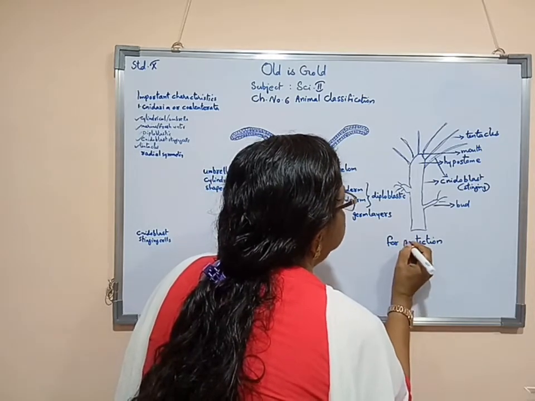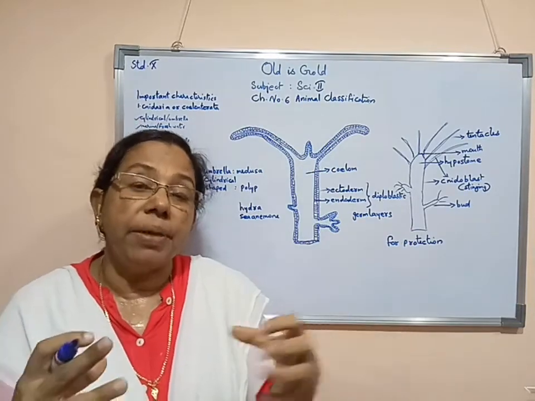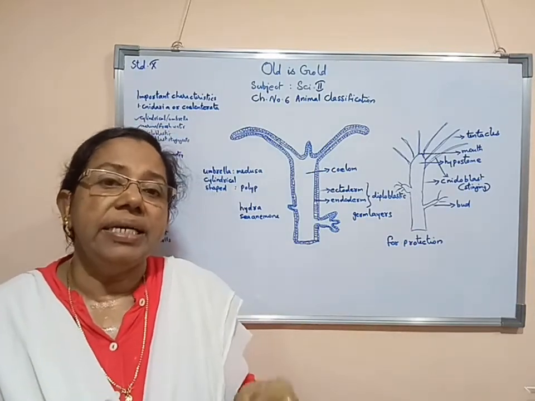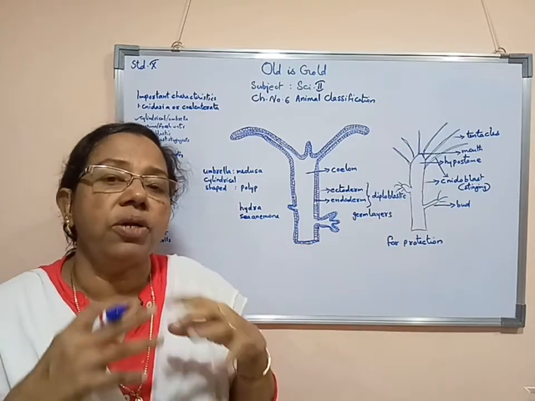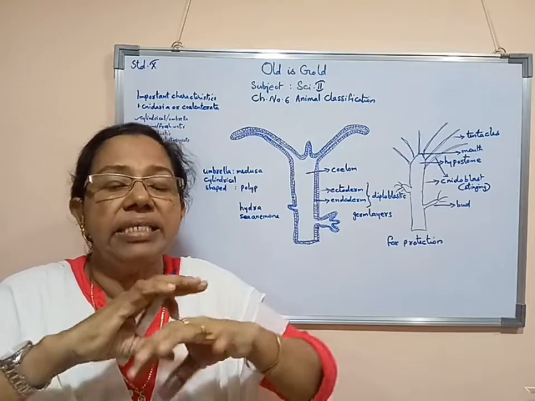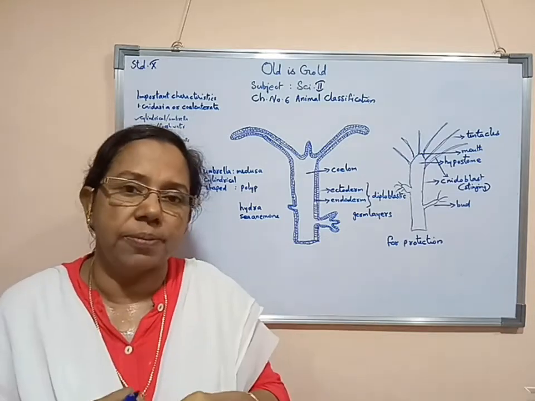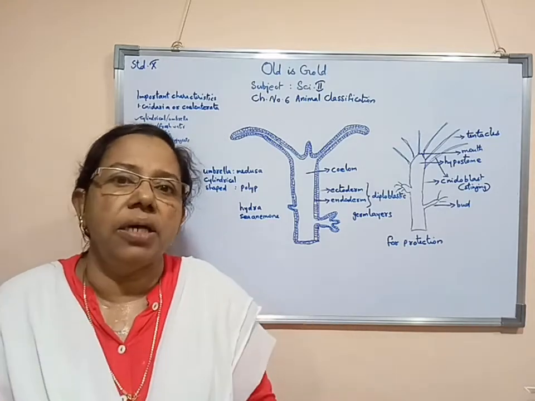How? If any enemies come near to them, immediately the cnidoblasts, the stinging cells present on the body, burst open. They blast. As a result, poison will come out. That will give that area a blackish look.